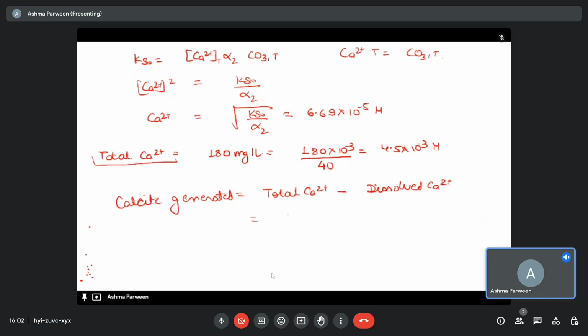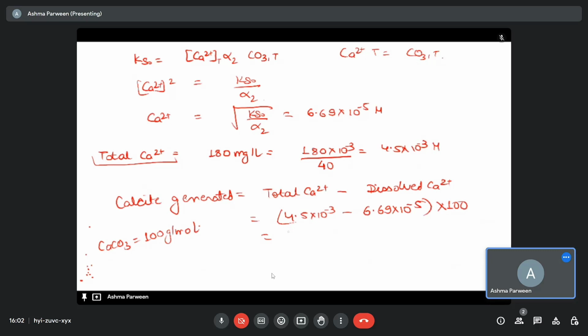So total calcium is 4.5 into 10 raised to power minus 3, and dissolved calcium is what we calculated in the previous question. We can convert directly into milligrams per liter by multiplying by 100, because the molecular mass of calcium carbonate is 100 grams per mole.